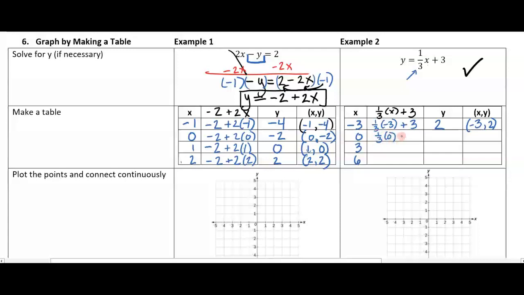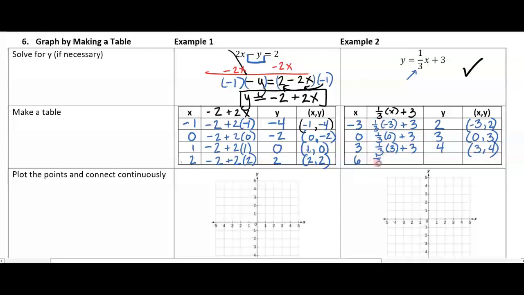1/3 times 0 plus 3, 0 plus 3 is 3, or the coordinates 0, 3. 1/3 times 3 is 1. That's the multiplicative inverse property. They're reciprocals of each other. 1 plus 3 is 4. 3, 4.